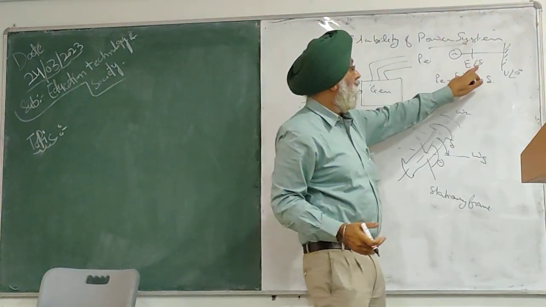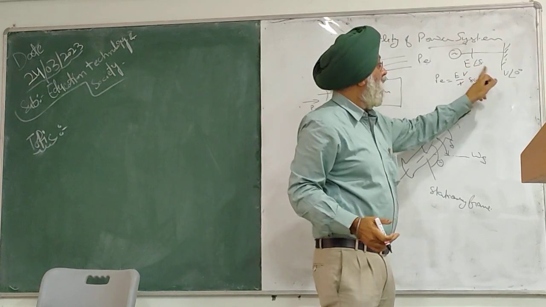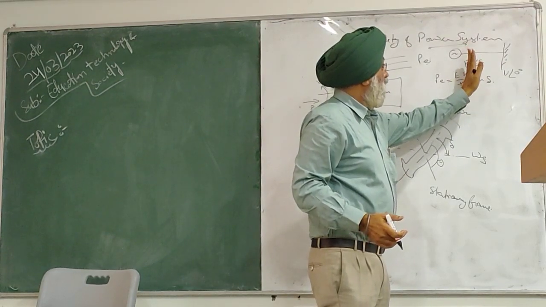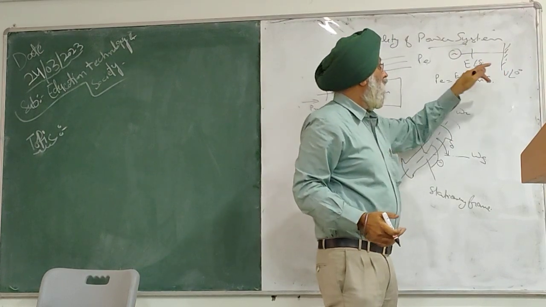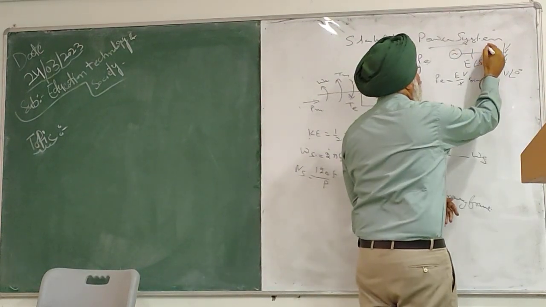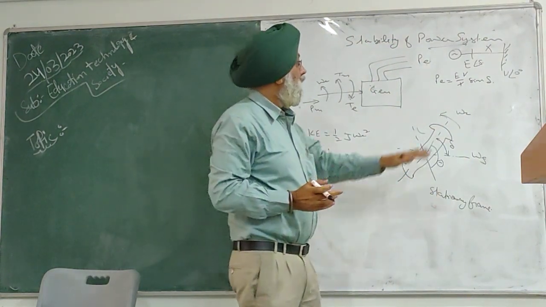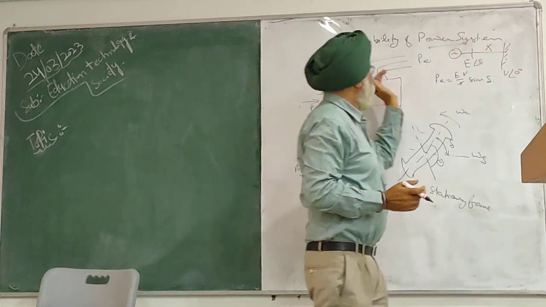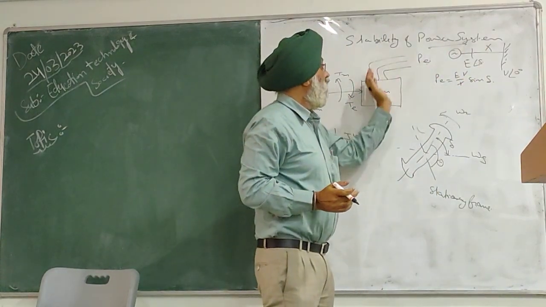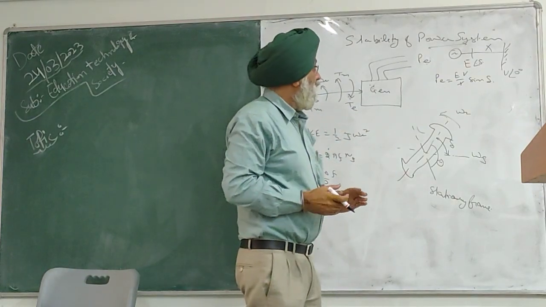So there is a difference between this voltage and this E angle delta. Accordingly, the magnitude of E, the magnitude of V divided by the reactance of the connecting conductor, times sine of delta, will give the power which is transferred from this generator towards the bus.